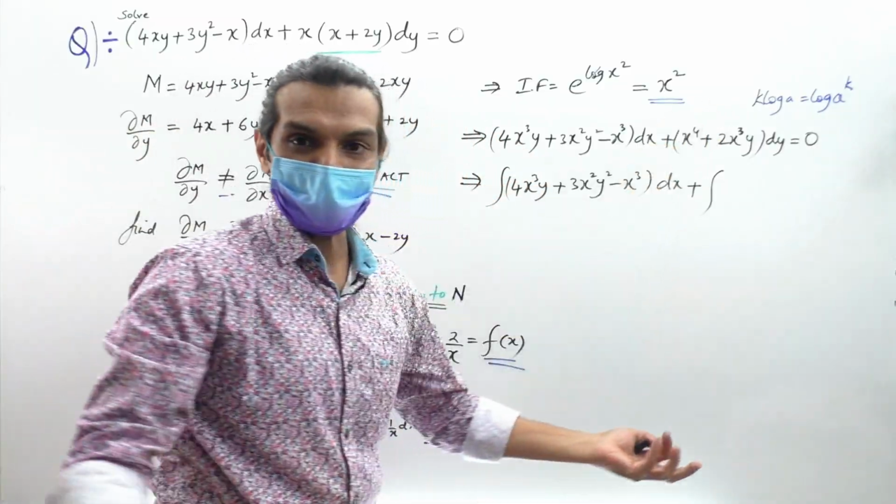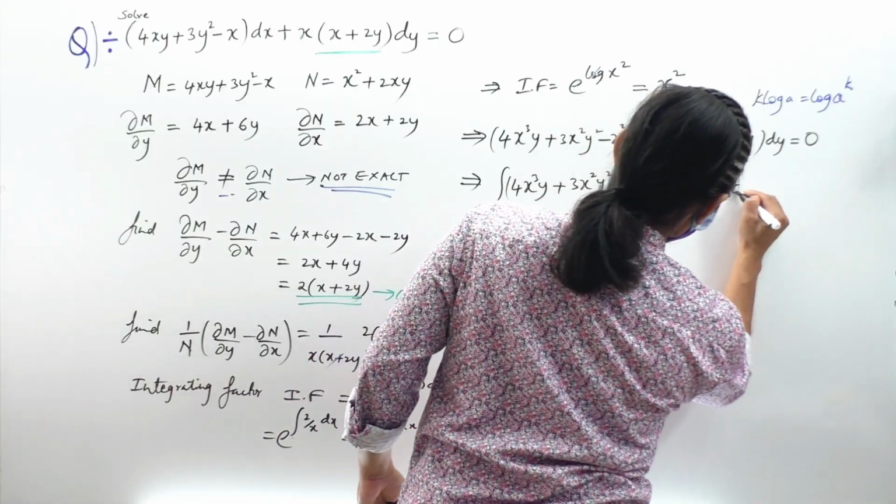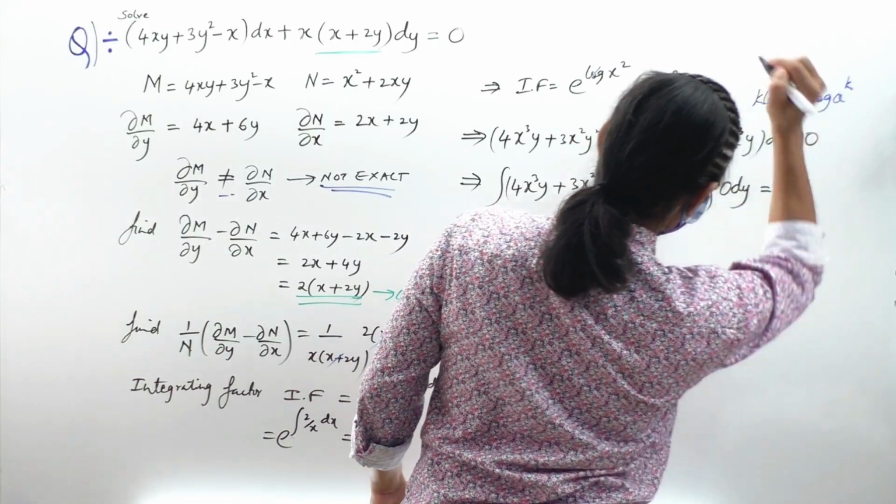So there are no plain y terms or constants here. So simply 0 dy is equal to C, that is it.